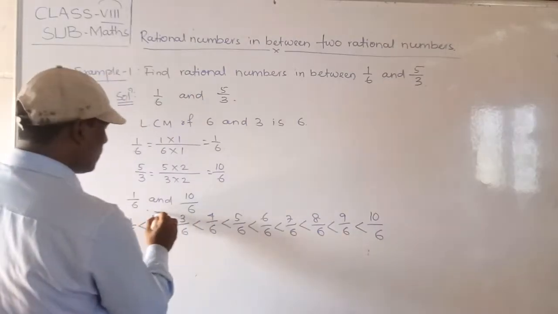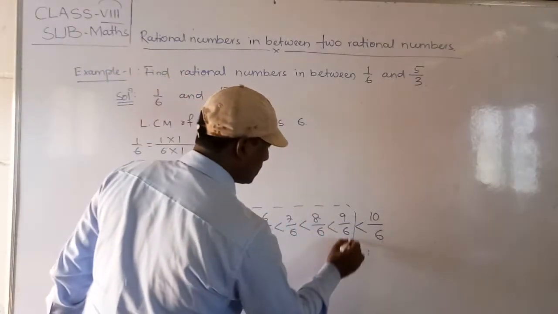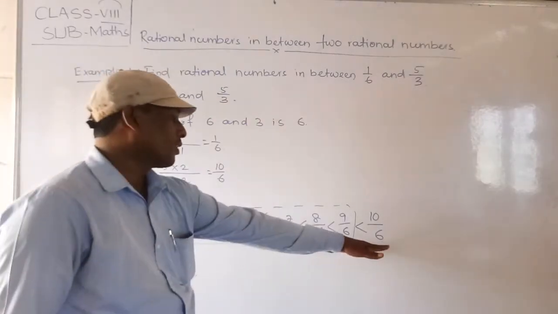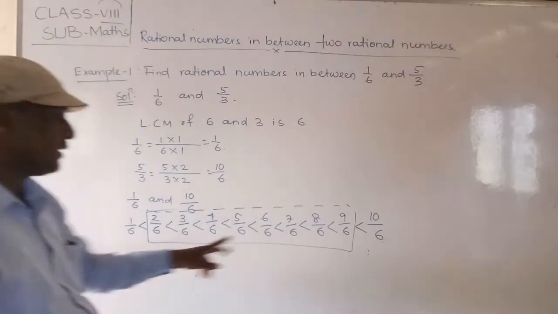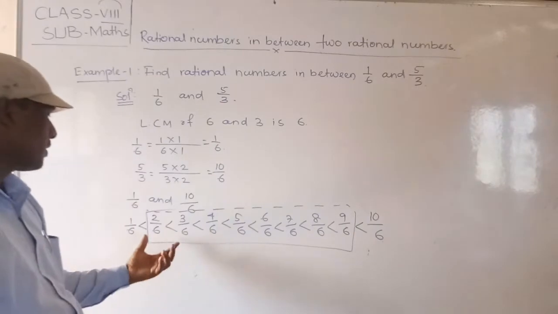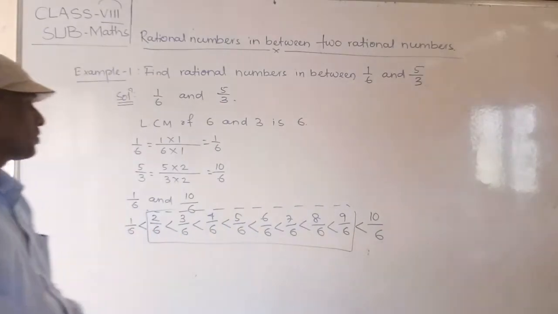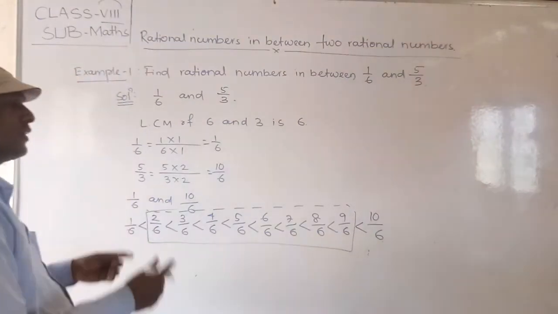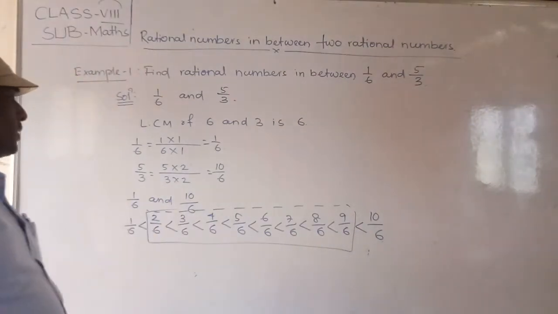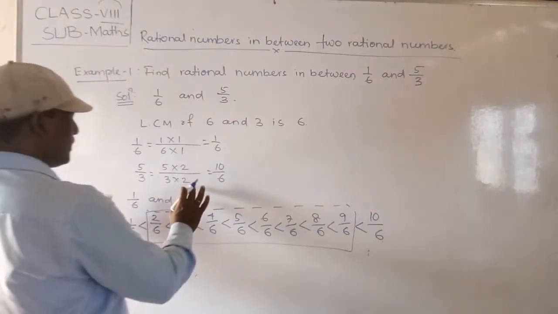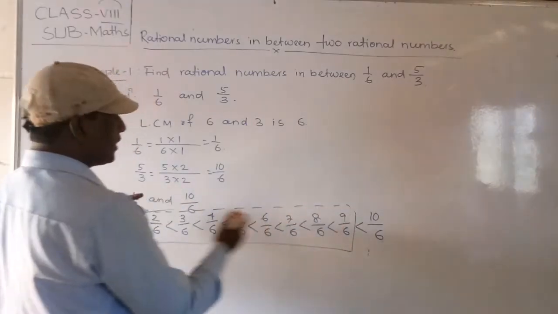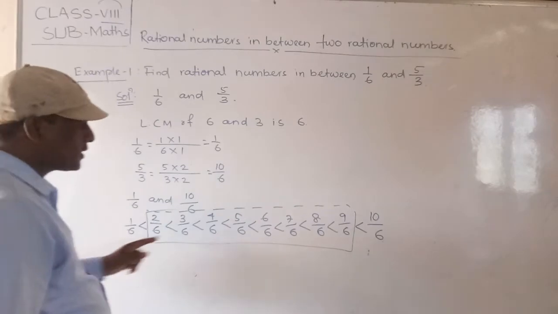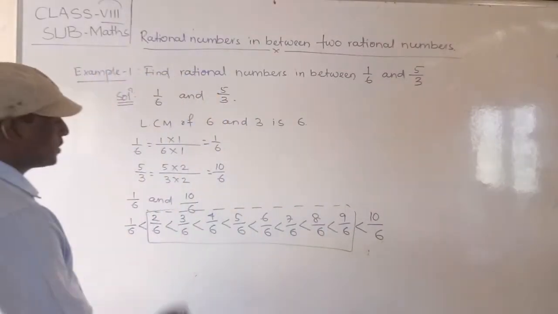This many rational numbers we got between 1 by 6 and 10 by 6. Not only these, we can find more rational numbers again, but we cannot say particularly how many rational numbers. So between 1 by 6 and 10 by 6, this many rational numbers are given.